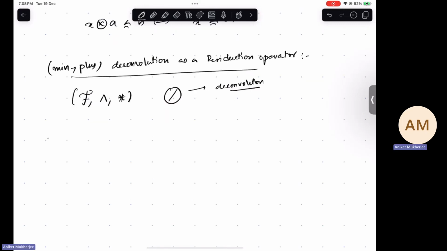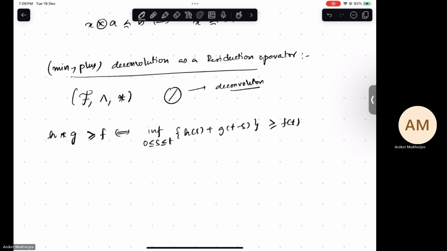So basically we have H convolution G greater than F. This implies infimum over 0 less than or equal to S less than or equal to T, H(S) plus G(T minus S), greater than or equal to F(T). So what does this mean?